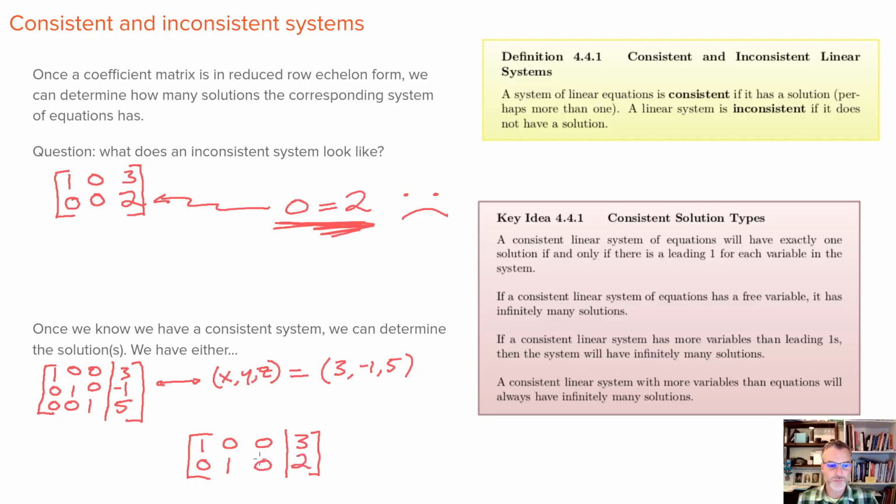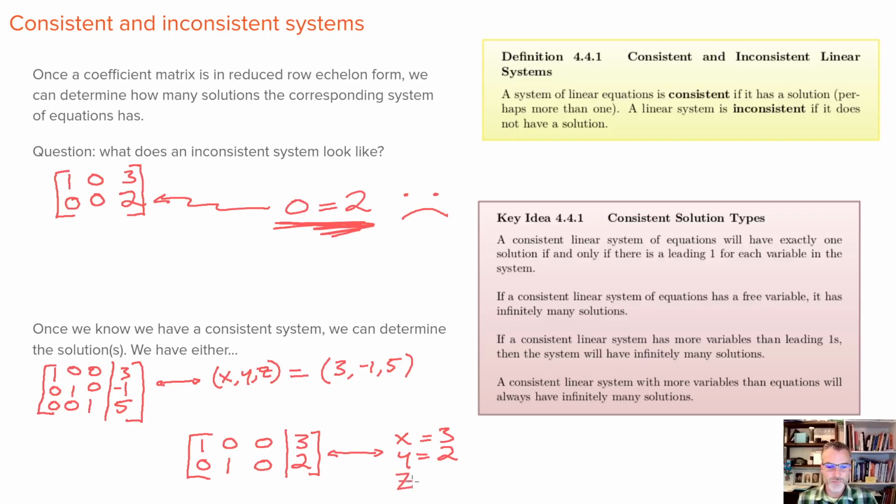So this corresponds to 1x equals 3, 1y equals 2, and z's not stipulated. It's not like here where we have z is equal to 5. There's no row here that gives a condition on z.